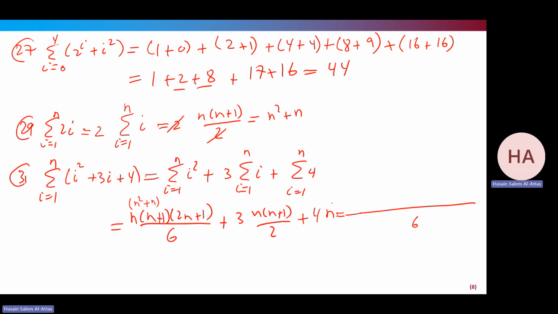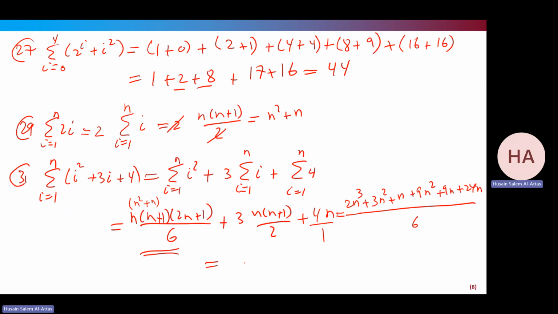I have 2n cubed, plus 2n squared plus n squared, plus 3n squared, plus n. Now this is 2 multiplied by 3, so I have plus 9n squared plus 9n. And this one over 1 is multiplied by 6, plus 24n.